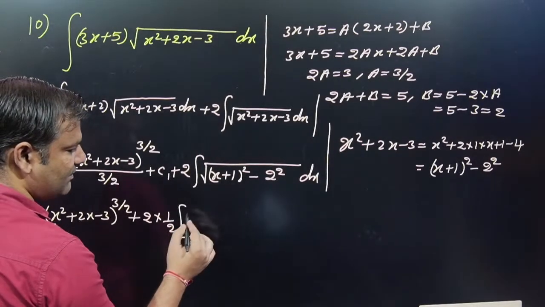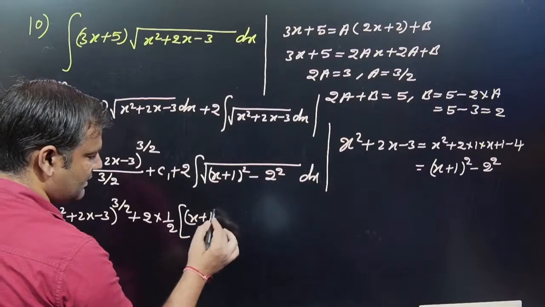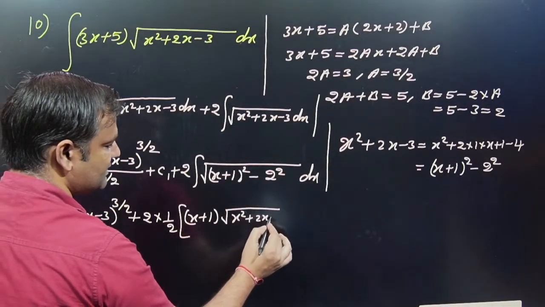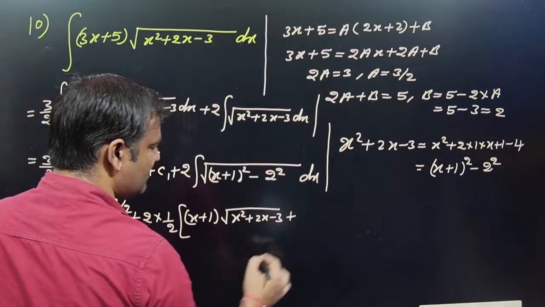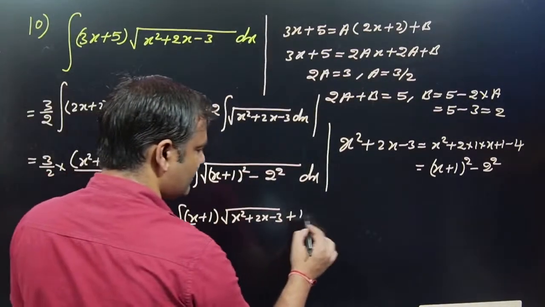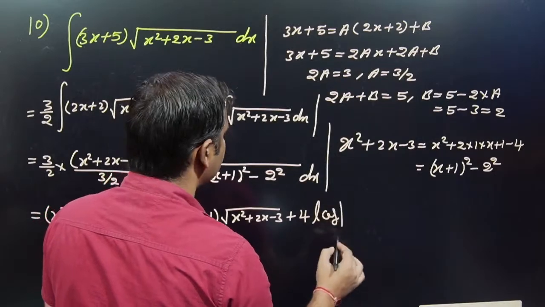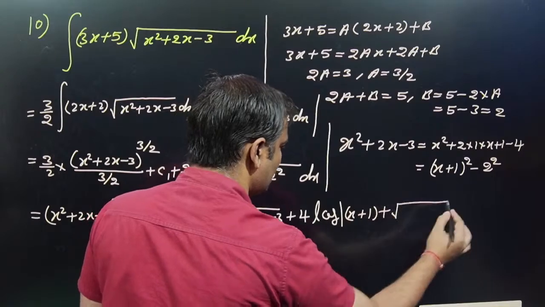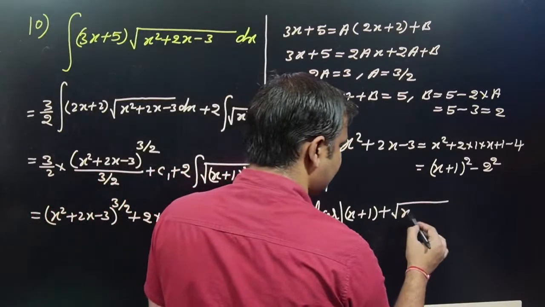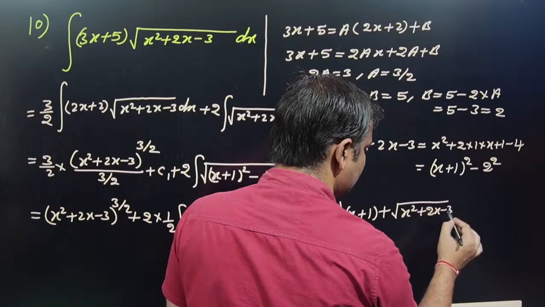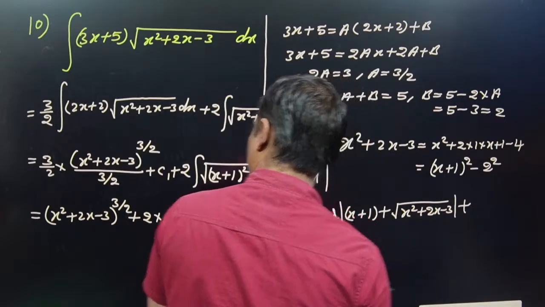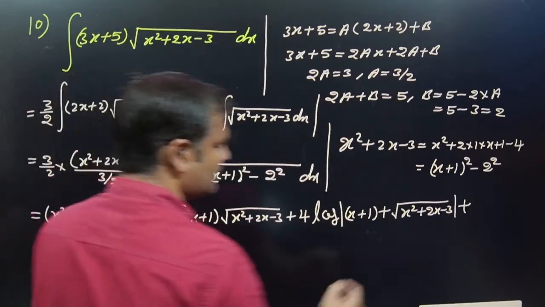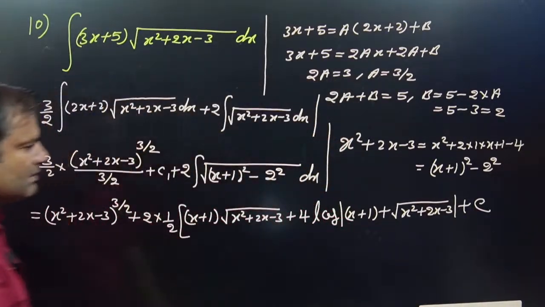Okay, x is replaced by x plus 1 into under root of x square plus 2x minus 3, plus a square, which is 4, so 4 into log of x plus 1 plus under root of x square plus 2x minus 3, plus the constant c1. After that integration we got another constant c2, so c1 plus c2 is c.